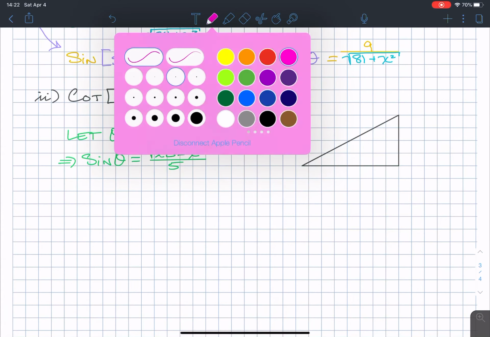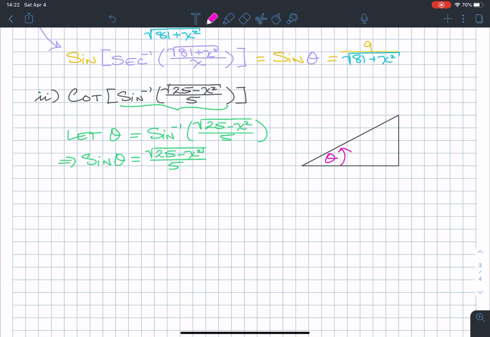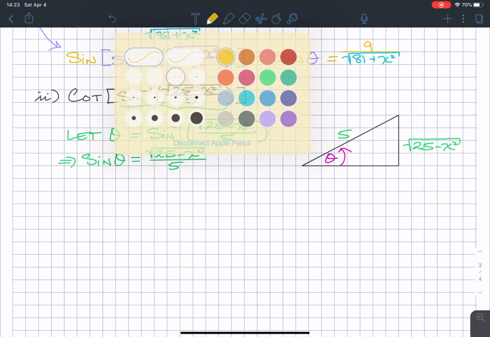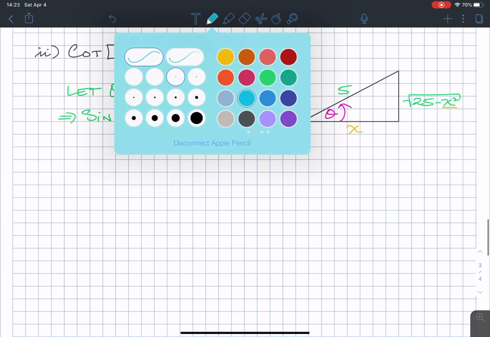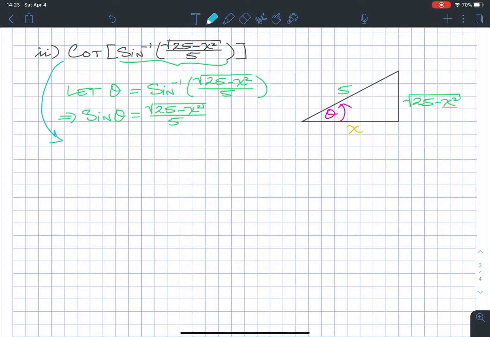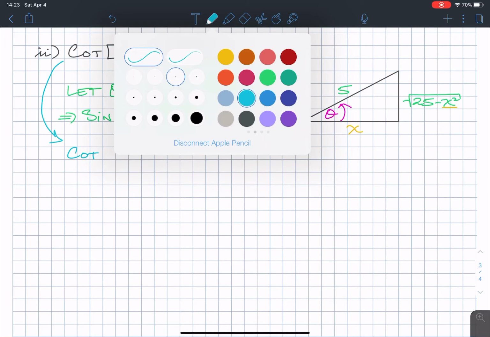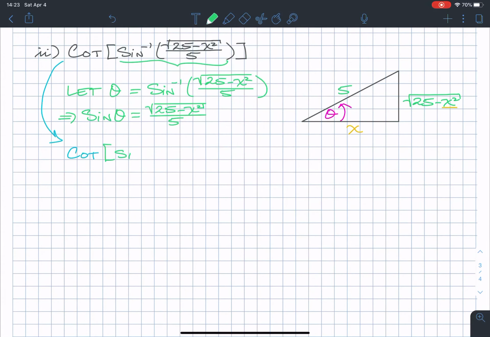So let's go ahead and draw a triangle. And let's have my angle theta be here. And I know sine is opposite side, so the square root of 25 minus x squared over hypotenuse 5. So that must mean that the other side is x. Okay, so rewriting this, we have cotangent of inverse sine of the square root of 25 minus x squared all over 5.